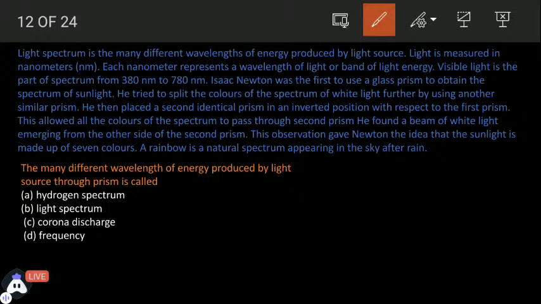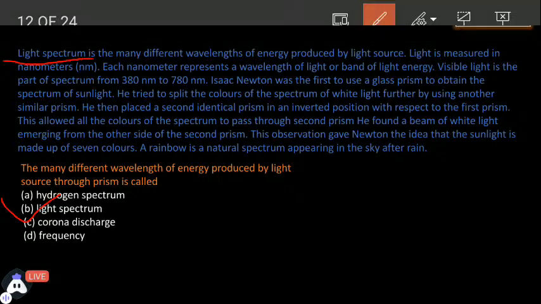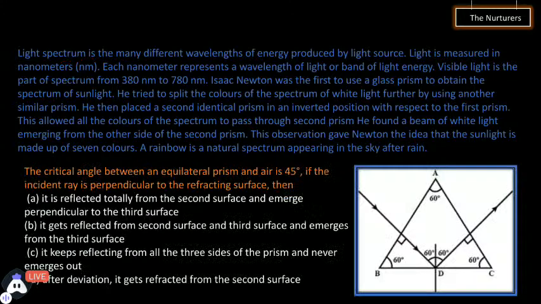What is the name given to that spectrum? So yes, the correct answer is again the light spectrum. It is already mentioned in the paragraph again that the spectrum which is observed is the light spectrum we are talking about when white light is splitting up into 7 colors.